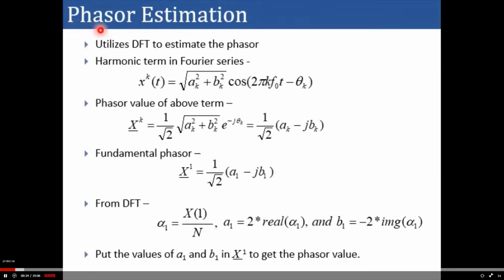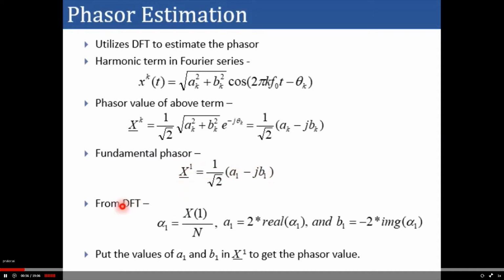Then we saw how to do the phasor estimation with the help of the discrete Fourier transform, and we found the fundamental phasor of a waveform can be calculated as 1 by root 2 times a1 minus j b1.